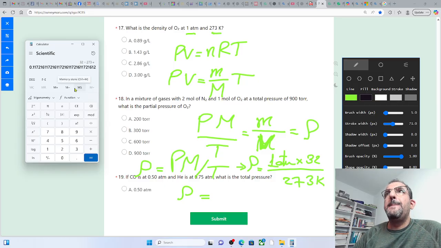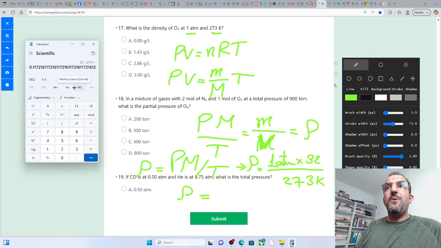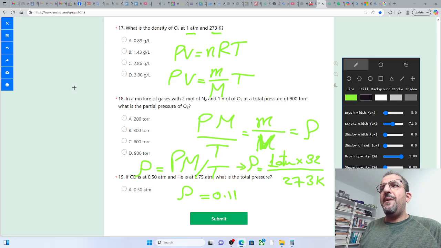Let's see if I made gram per liter. Oh, let's check the units. It is a very good idea always to check the units. So from my work I have 0.11 atmosphere, and the molecular weight actually is gram per mole, and Kelvin.